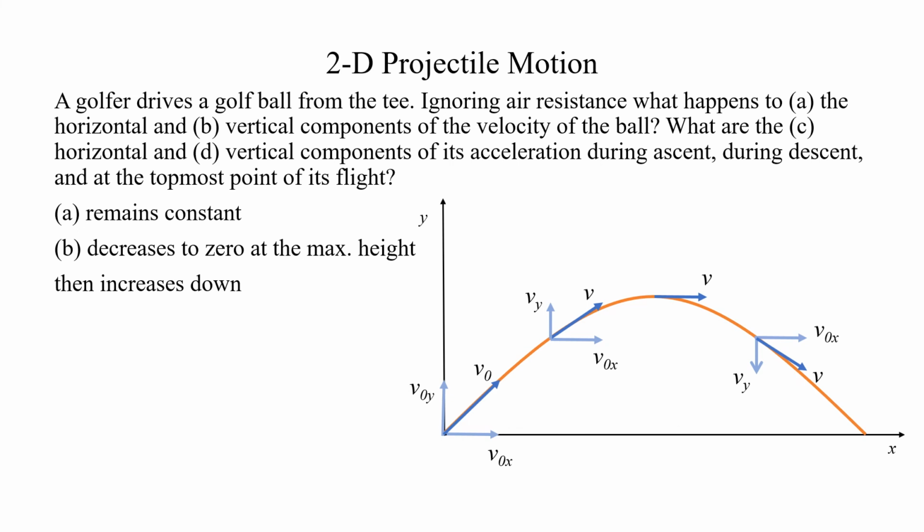However, the vertical component of the velocity gets smaller on the way up. When we reach the highest point, the vertical component of the velocity is 0, but we still have the horizontal component. And then on the way back down, the vertical component of the velocity now points downward and increases in length as it gets closer to the ground. But the horizontal component of the velocity vector stays constant all the way through the path.